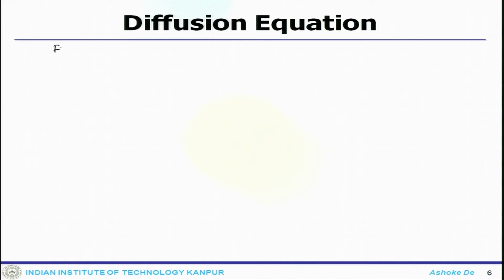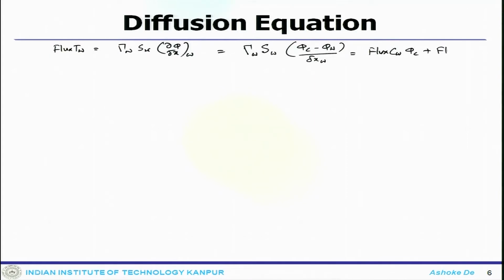So, I can write the total flux T W equals gamma W S W del phi by del x W, which is nothing but gamma W S W, phi C minus phi W divided by del x W, and the coefficients would be flux C W phi C, flux F W phi W plus flux V W.